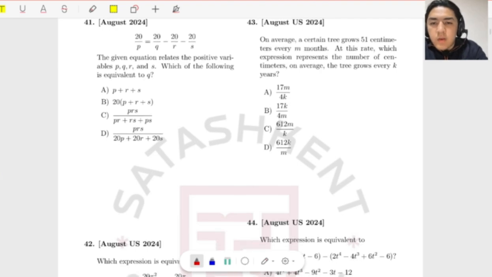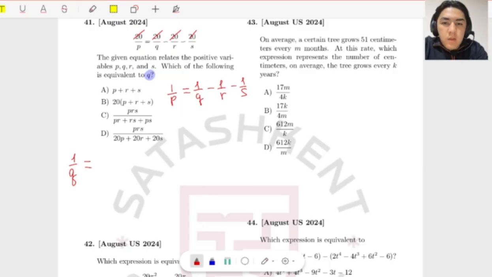Question number 41. Here we have to find q. I can divide everything by 20 as I have it in every part. I'll be left with 1 over p equals 1 over q minus 1 over r minus 1 over s. As I have to find q, I will move it to the other side, and 1 over p plus 1 over r plus 1 over s.